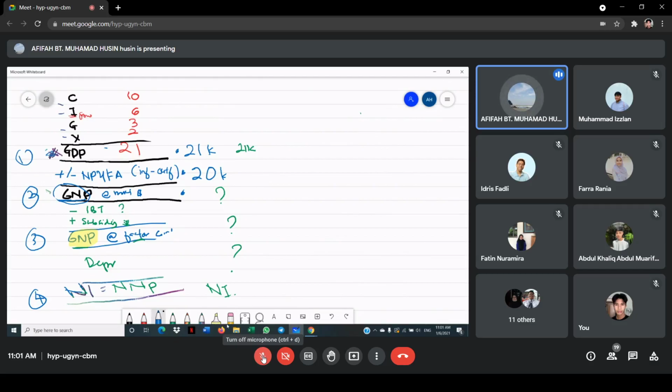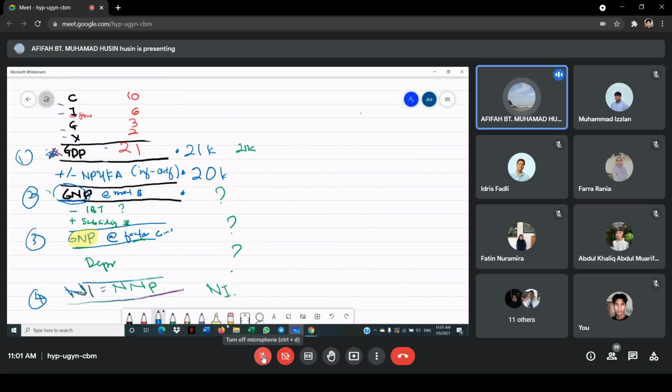Dekat kuliah you akan belajar in detail this one. Okay, this is only on the surface saja. You tak perlu cari satu. Given. Consumption is given 10. Nanti dekat kuliah you kena kirakan consumption berapa. Dia kata dia purchase on durable good 2, purchase on services 7.